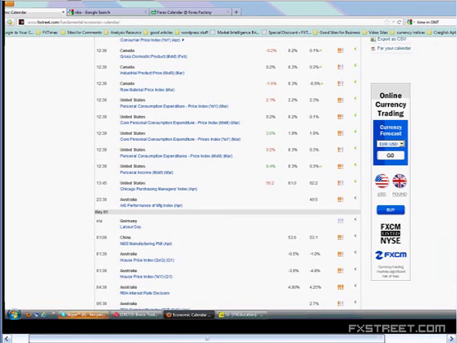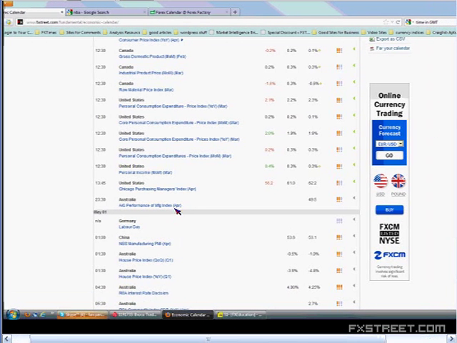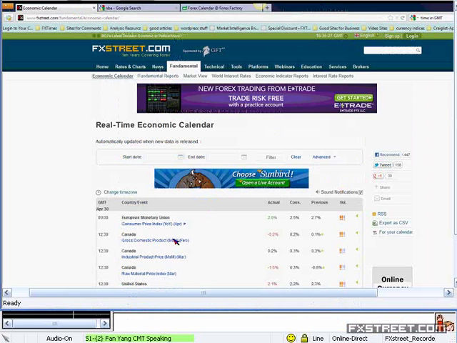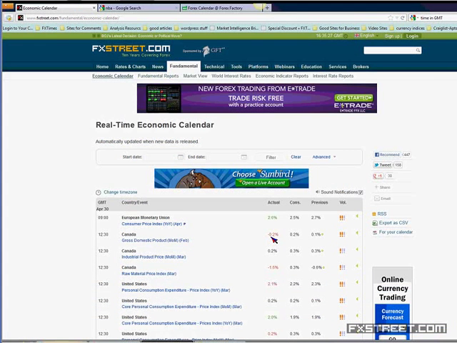Let's take a look at that. Canada GDP data for the month of February, negative 0.2%. There was an expectation of 0.2%, and we missed it. Okay, that's a big miss.